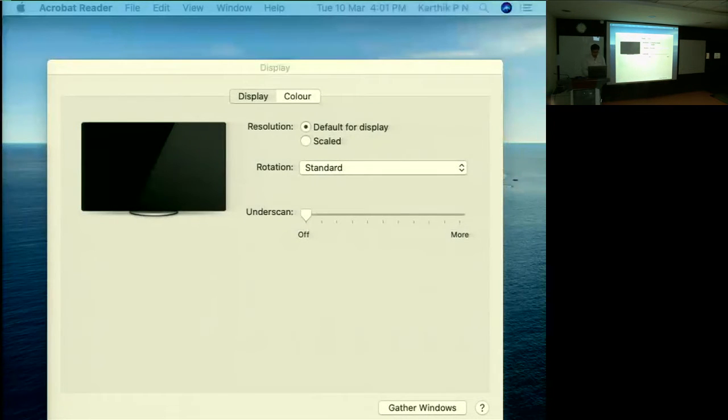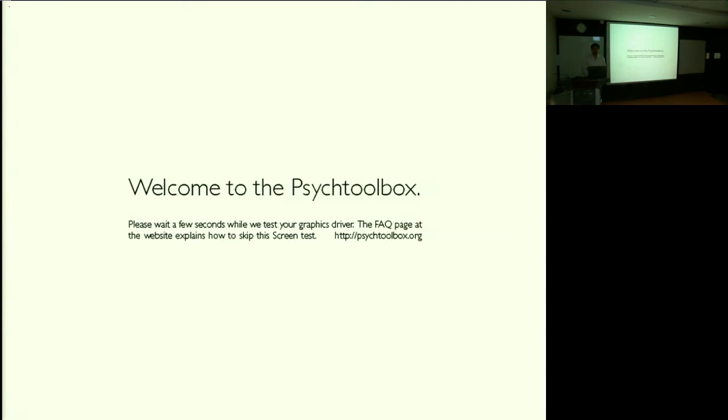I don't know if it got hung up. For some reason I'm not able to run it.